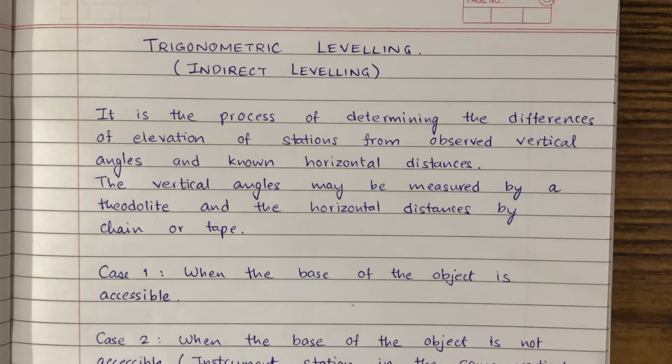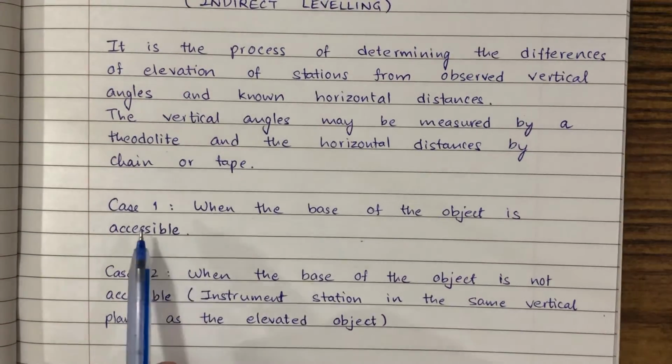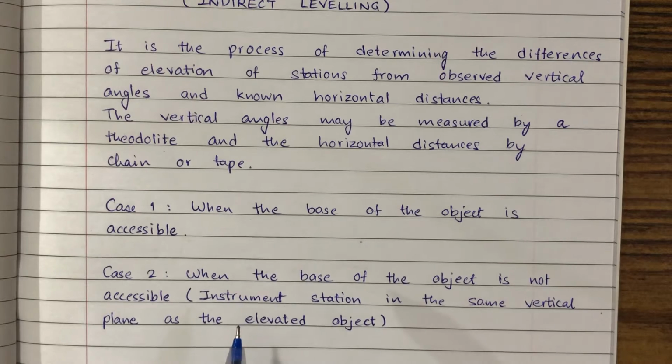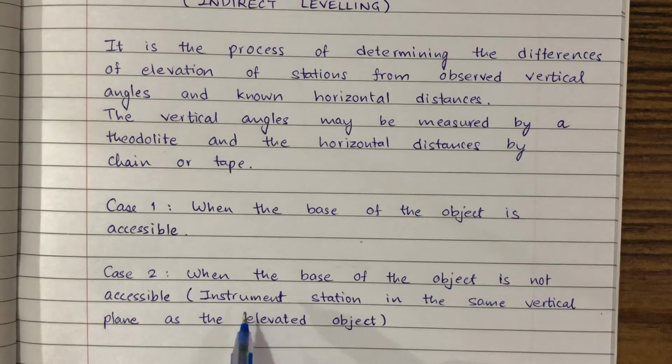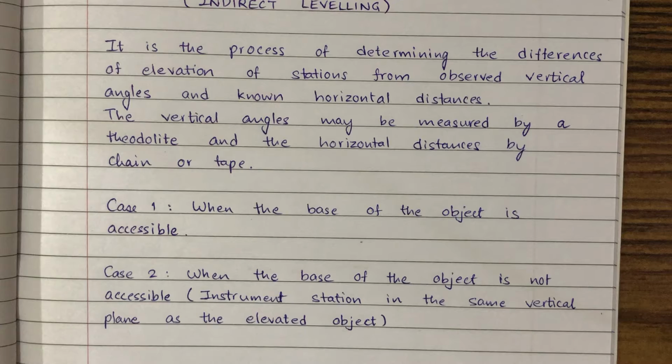In trigonometric leveling, two cases arise. First is when the base of the object is accessible, and second is when the base of the object is not accessible, or when the instrument station is in the same vertical plane as the elevated object.